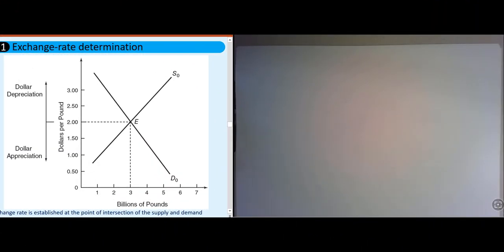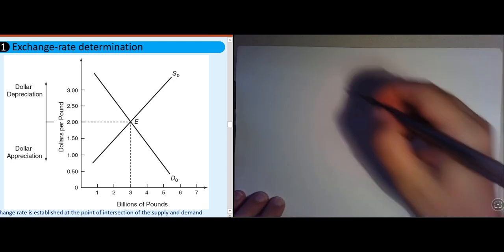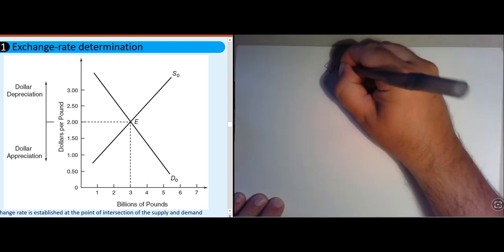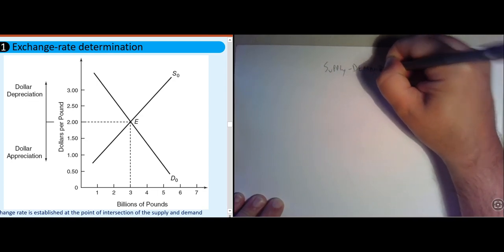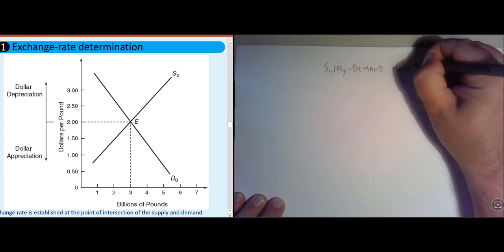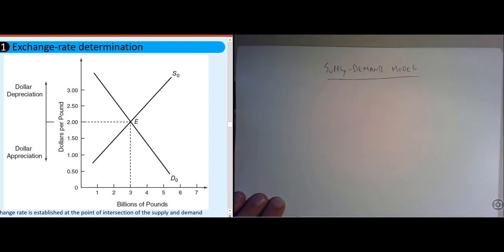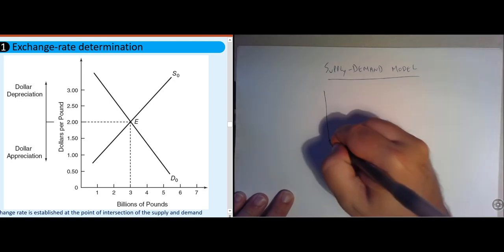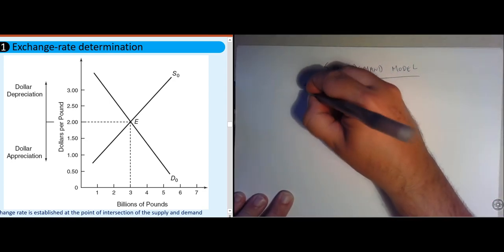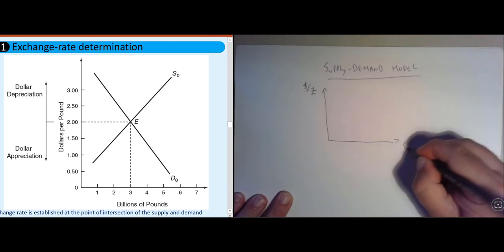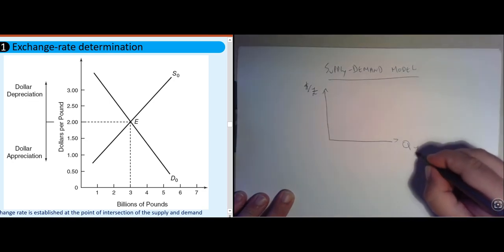Now let's look at the model of exchange rate determination. This is a simple supply-demand model. Could be talking about potatoes, but in this case we're talking about foreign exchange. And in this particular case, let's just replicate the graph here. We are looking at the amount of dollars per pound versus the quantity of pounds.